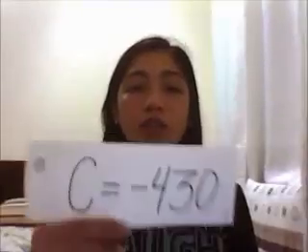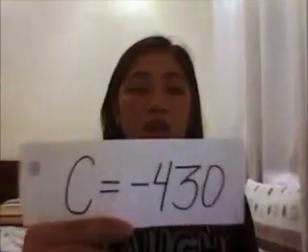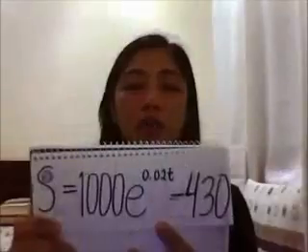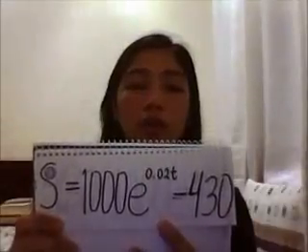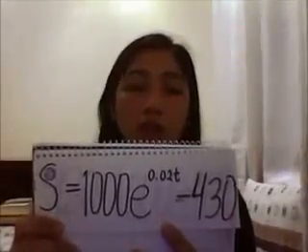Computing the values, you will now have C equals negative 430. This will change your equation to S equals 1000e^(0.02t) minus 430.